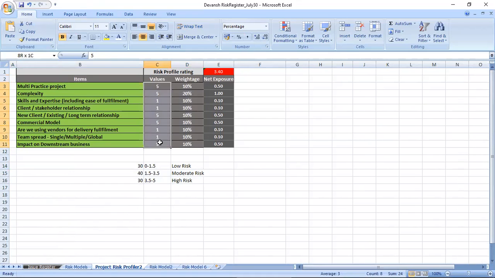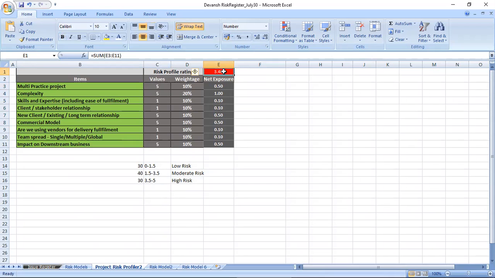And the value is on a scale of 1 to 5. Multiplying the value with the weightage will give you the net risk exposure. And when you add all that, you actually get the risk of the particular project.